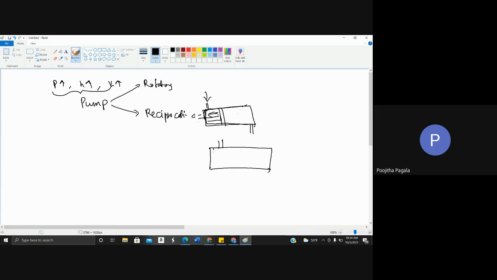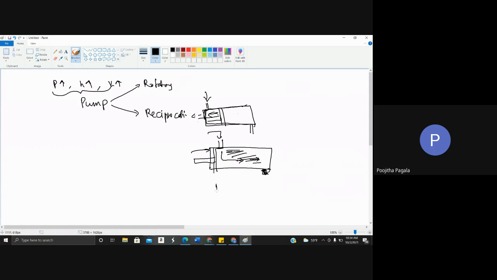So this is the piston, and the fluid flows in through the inlet valve while the outlet valve is closed. For the outlet stroke, once this entire region is filled with fluid, we close the inlet valve and the piston is pushed with the outlet valve open.